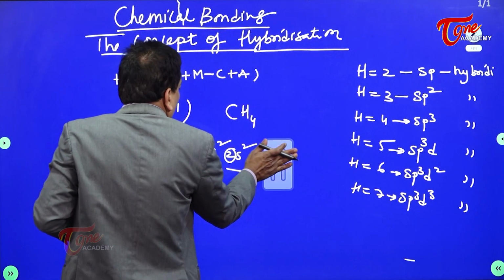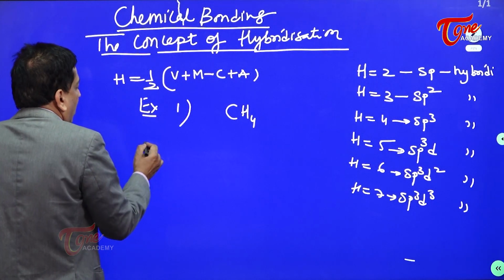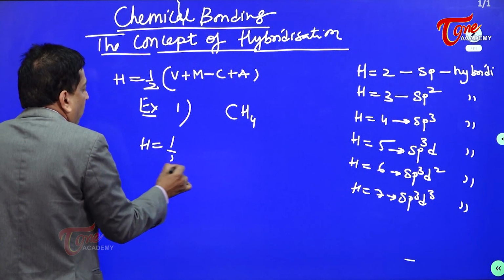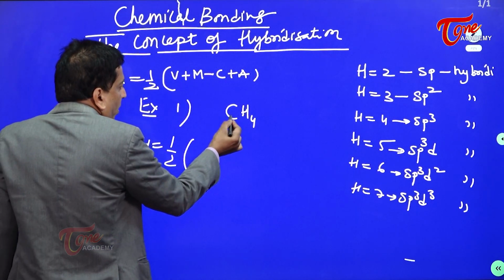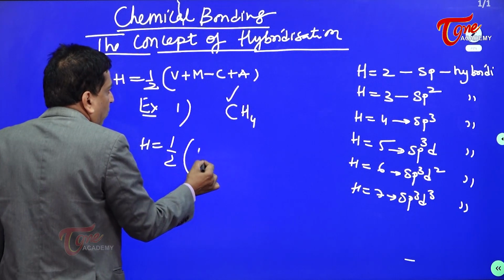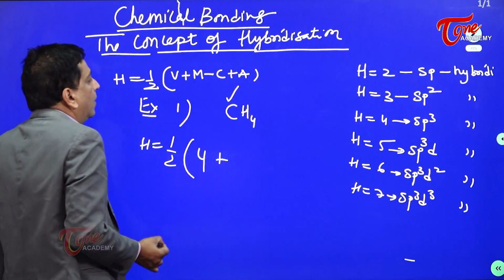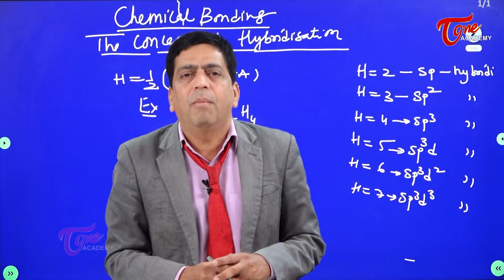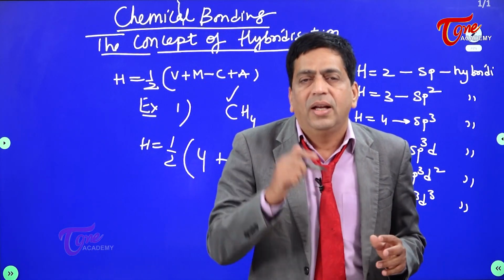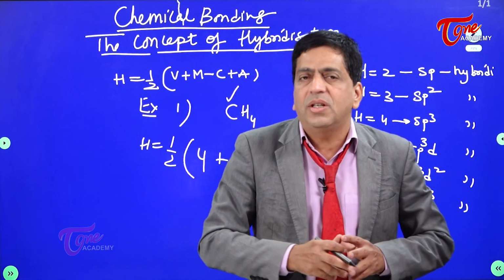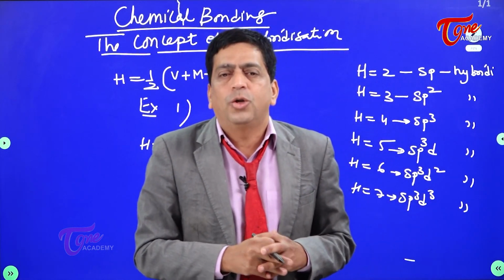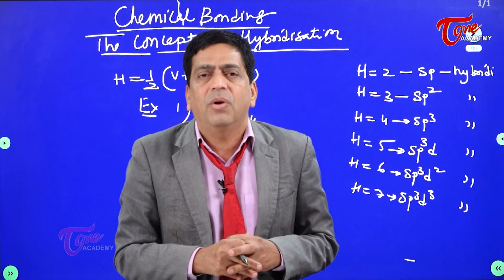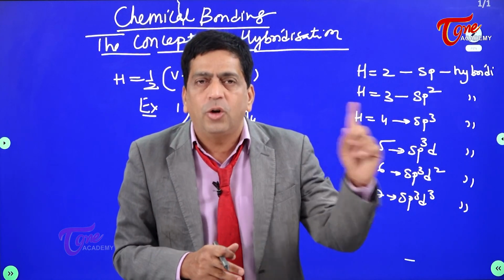So straight away let us put it. H is equal to half into V, where V is the group number of carbon, that is the 4th group, plus the number of monovalent atoms. M is the number of monovalent atoms. I told you in chemistry the monovalent atoms are nothing but hydrogen and halogens.